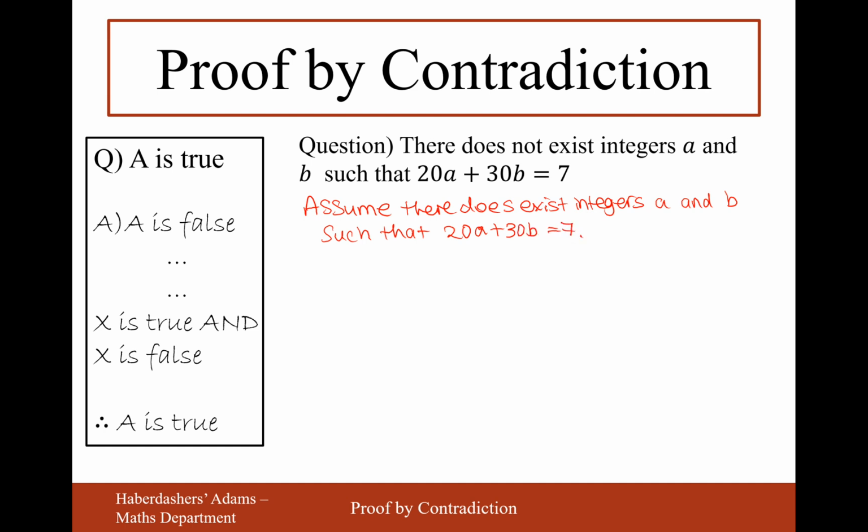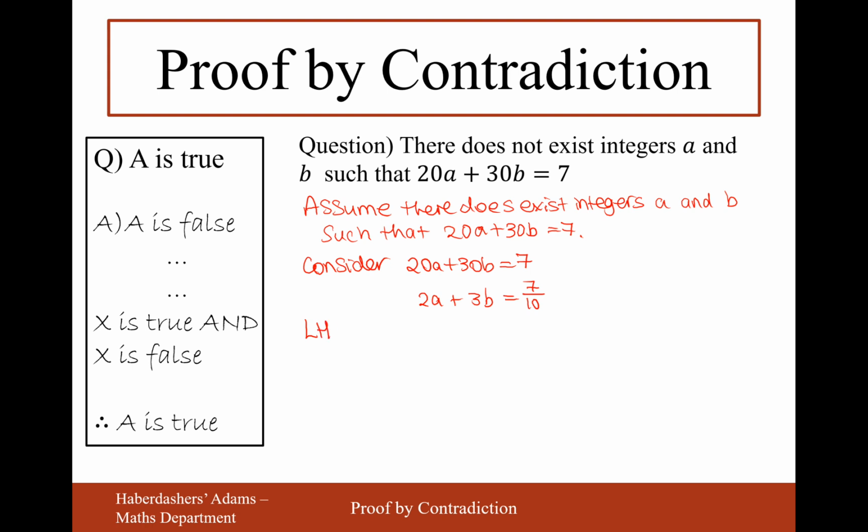Okay, so then we go for the approach of dividing by a common factor between 20 and 30, then going for integers on the left, non-integers on the right. So consider 20a plus 30b equals 7, and we can clearly see here there's a factor of 10, so if we divide by 10, then we get this expression here.